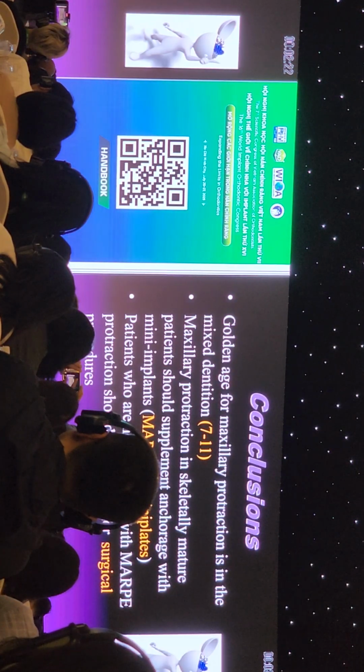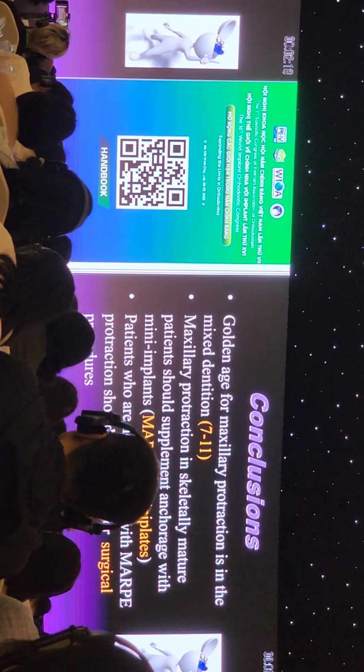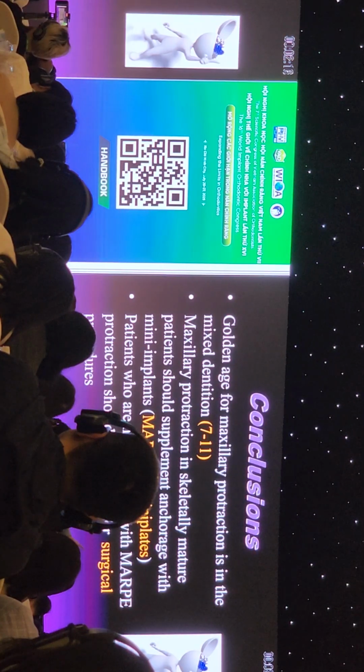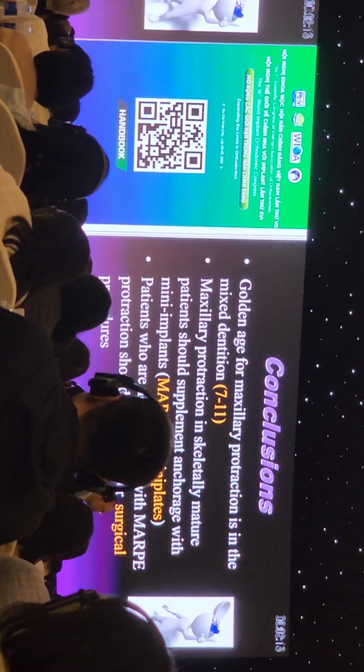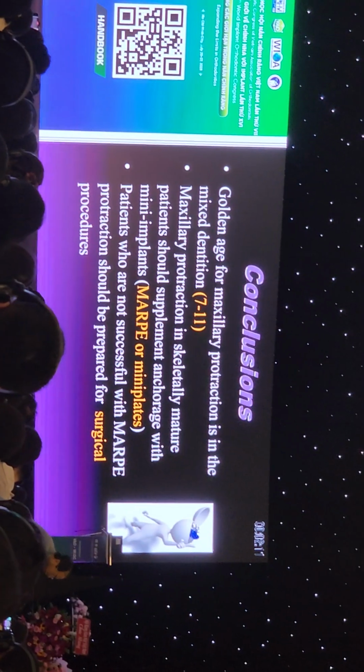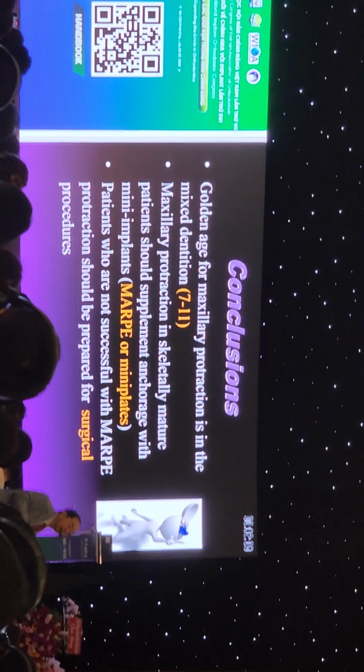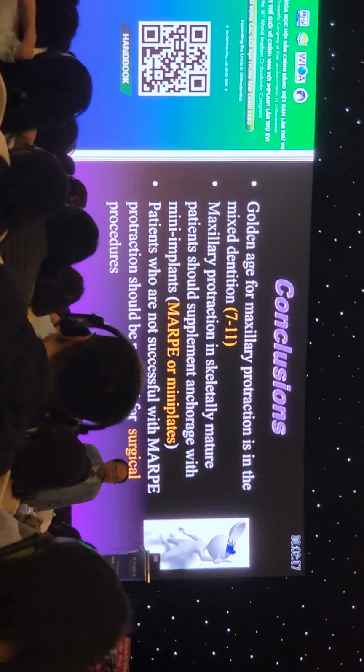That means you still have to put attachments on the primary molars. Remember, in mixed dentition, if you put attachments on the primary molars, you have to make them longer, otherwise they won't stick.